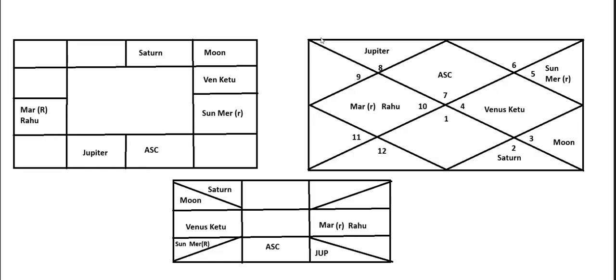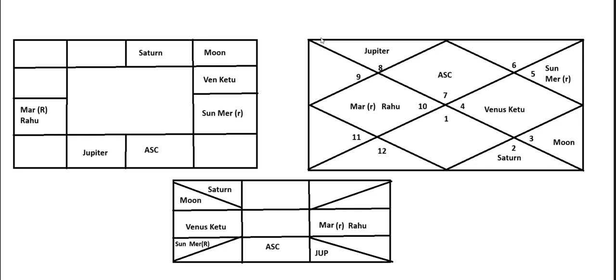We can learn a lot of things from this chart. This chart tells us how one aspect of Saturn can slow down a dasha, and also Ketu was not so powerful as it was under Venus nakshatra.